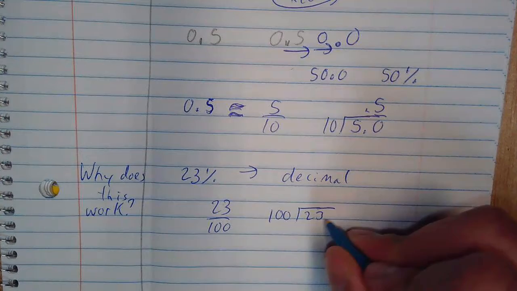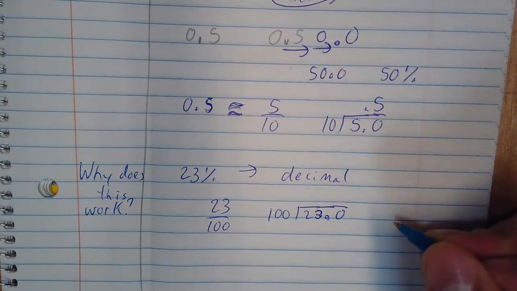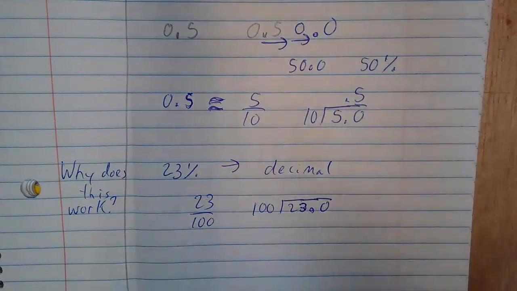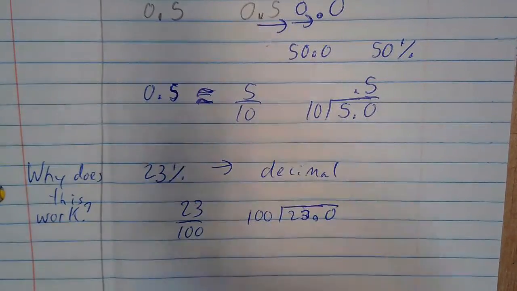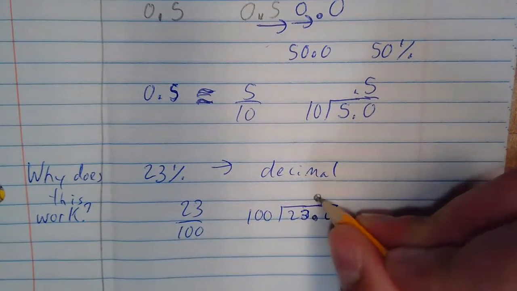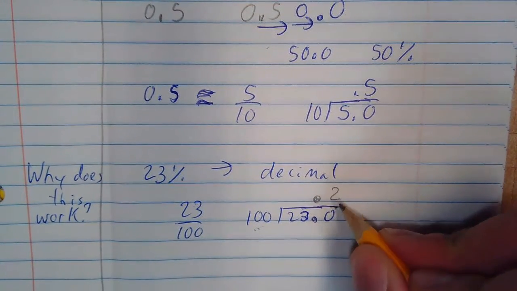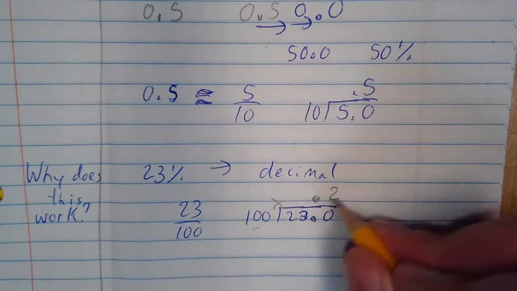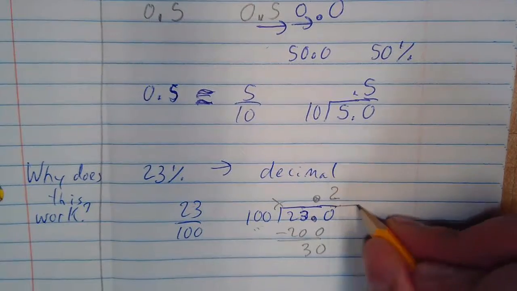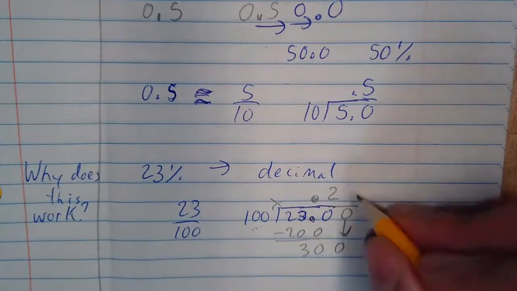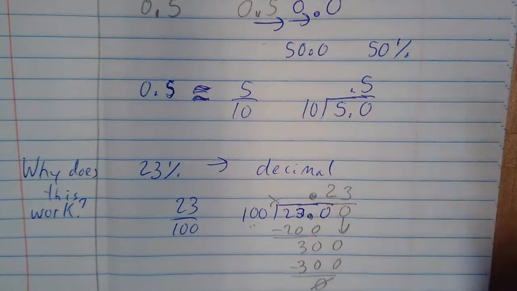I can't make groups of 100 out of 23, so I add a decimal point and a 0. Let me use pencil here just in case I make mistakes. How many groups of 100 can I make out of 230? 2, right? 100 times 2 is 200. I subtract. I have 30 left over. I add another 0. 3 times 100 is 300.